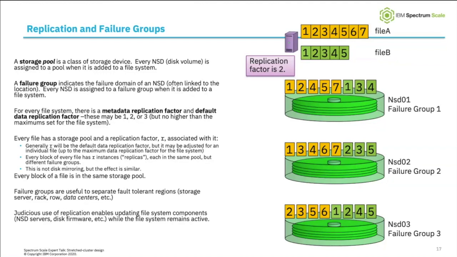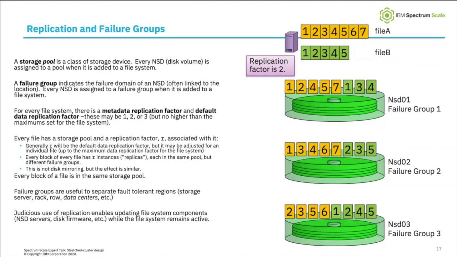If they're in different failure modes, they should be in different failure groups. So every file system built using many NSDs will have a metadata and default data replication factor. And this may be 1, 2, or 3. No, never any higher, though, than the maximum that was baked into the file system when it was created.